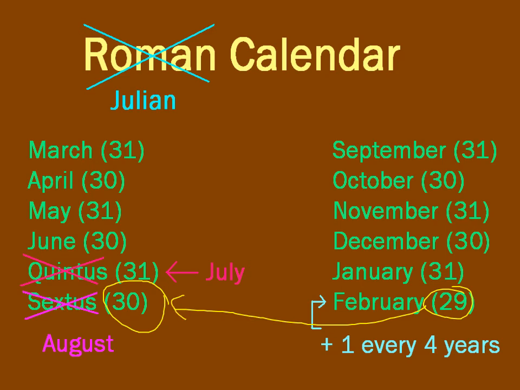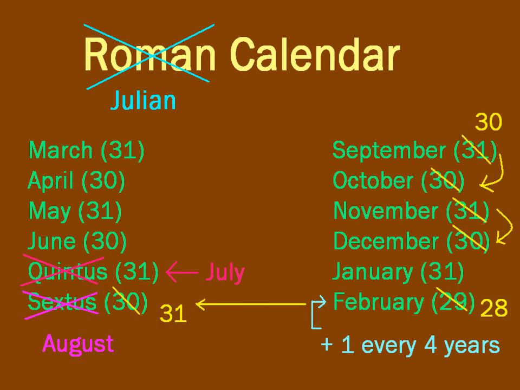But then what we have is we've got too many 31-day months in a row. We have 3 in a row. So what we're going to do is we are now going to move a day from September to October and a day from November to December. And then February is going to be 28 days, and then every 4 years you add an extra day into February.